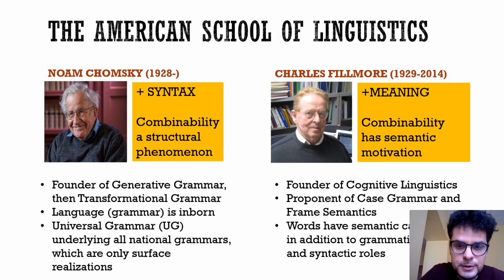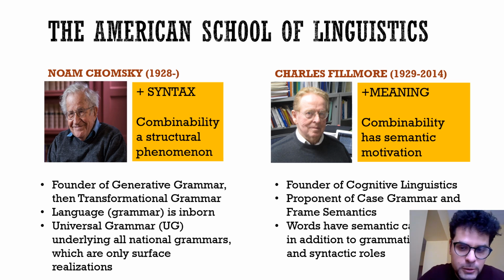So let's take a look at the American School of Linguistics first. We have two important figures. The first one, I'm sure you know, Noam Chomsky, because he's famous also outside linguistics as a political commentator. But of course, for us, his activity as a linguist is what's relevant.